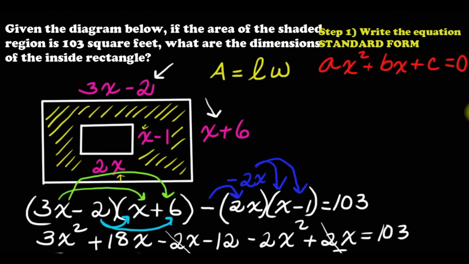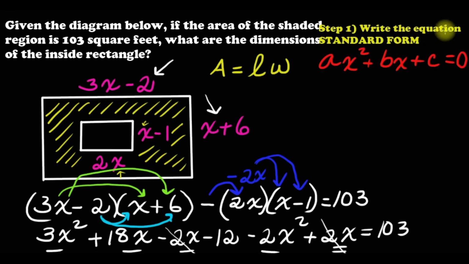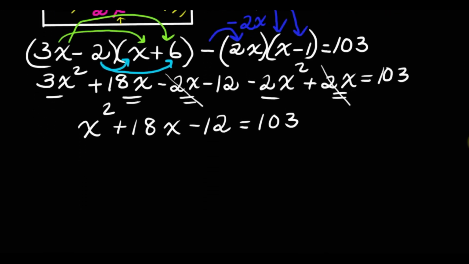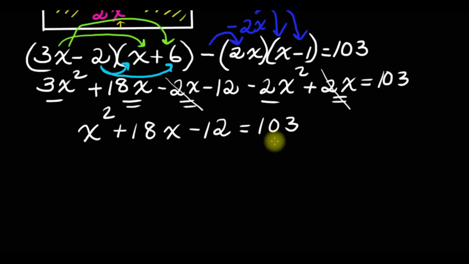Step 1 is to write the equation in standard form, so you have to get the equation in terms of ax squared plus bx plus c equals 0. Looking at this, it does not equal 0, so we have to get rid of the 103. We're going to minus 103 to get rid of it, and then minus 103 here.